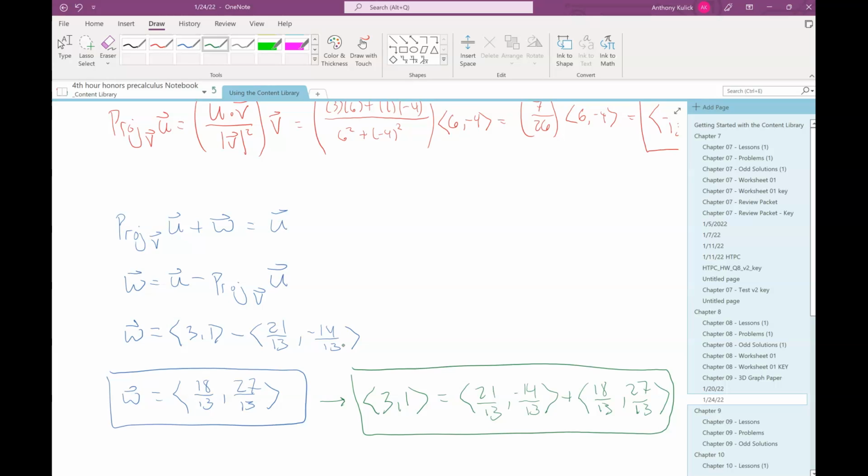You could check that if you wanted to by adding the two vectors together and making sure you get (3, 1), which you do. And you could do the dot product of those two vectors and make sure that they give you 0 to show they're orthogonal, and they will. So far, so good. Again, I know this is new and can be challenging. I'm trying to go not too fast so that we're doing this carefully.